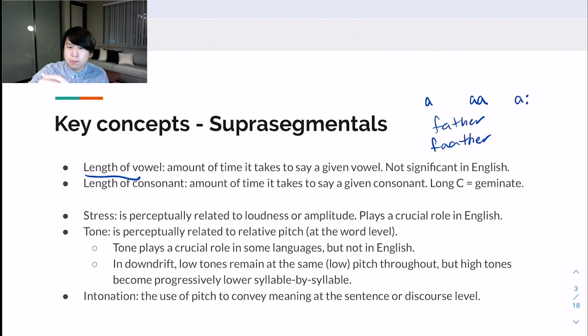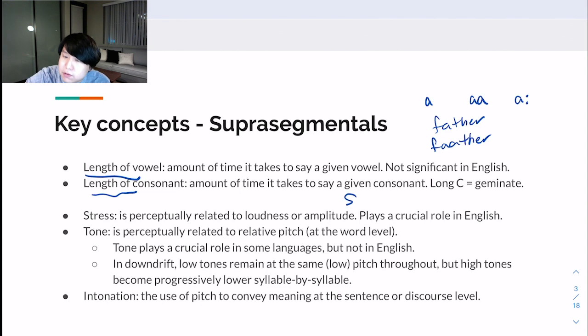Another is length of consonant. There can be either a short consonant or a long consonant. In English, there's no distinction. It's not significant in English again. But in some languages, like Japanese, length of consonant matters. It distinguishes meanings of words.